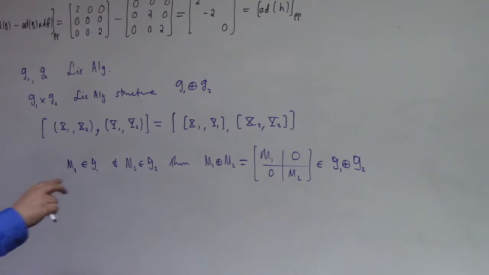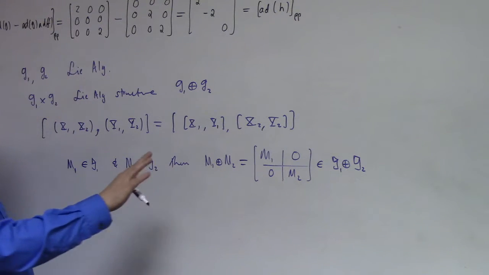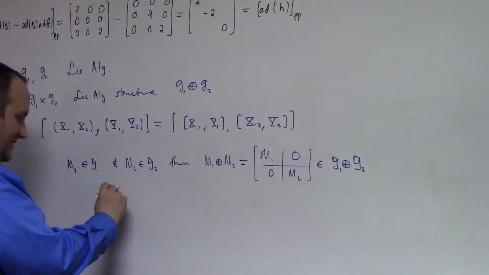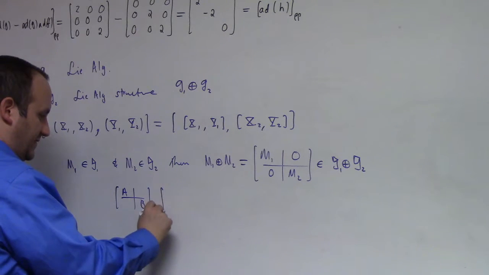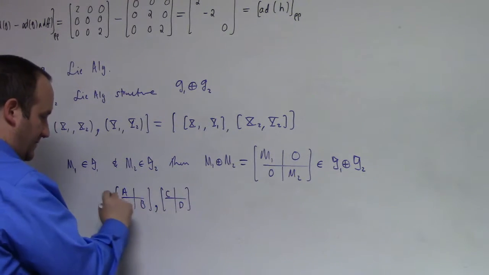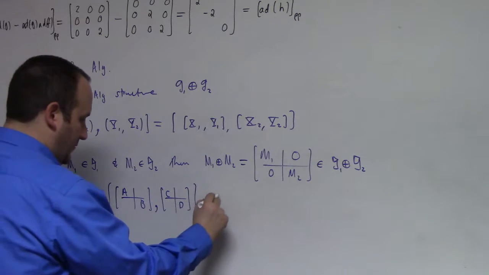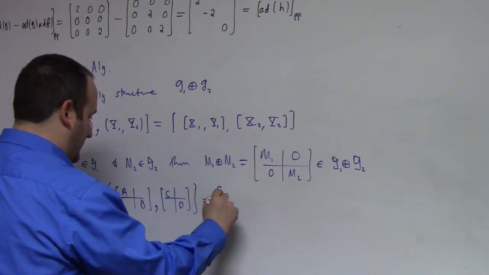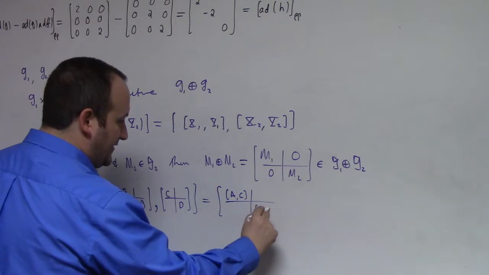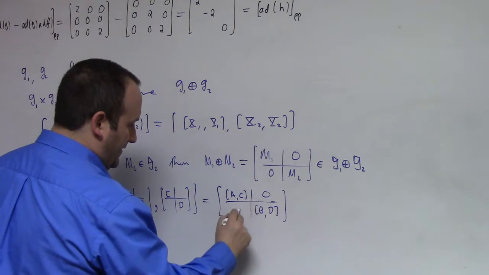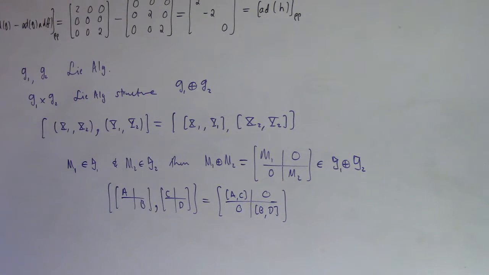You can easily see that if you take the commutator of block diagonal matrices, like (A, B) with (C, D), you get the commutator of A and C up here and the commutator of B and D down here, which is exactly in concert with our component-wise definition for the direct sum. He doesn't say much of that in here, but that's the matrix version.